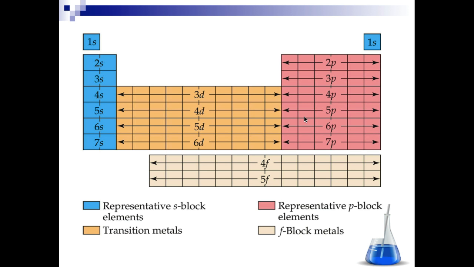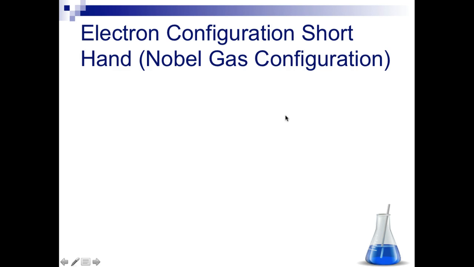And so when you write your electron configuration, it's pretty easy because we know what the end of the electron configuration should be for the element based on where it is located on the periodic table. And then you just have to make sure that you fill up all of the other energy levels that are below it first.